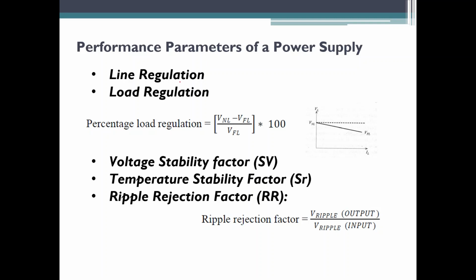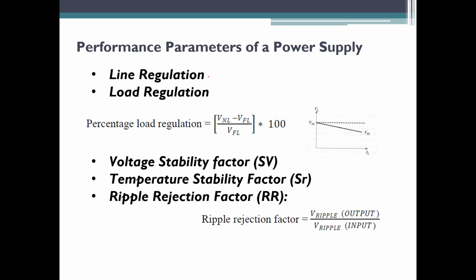So the first point to be known is line regulation. Let us say the input voltage to the rectifier is 230 volt and the output DC voltage will change, and since the output of the rectifier is applied to the regulator, the output of the regulator will also vary. So it can be defined as the change in the regulated DC output voltage for the given change in the input voltage.